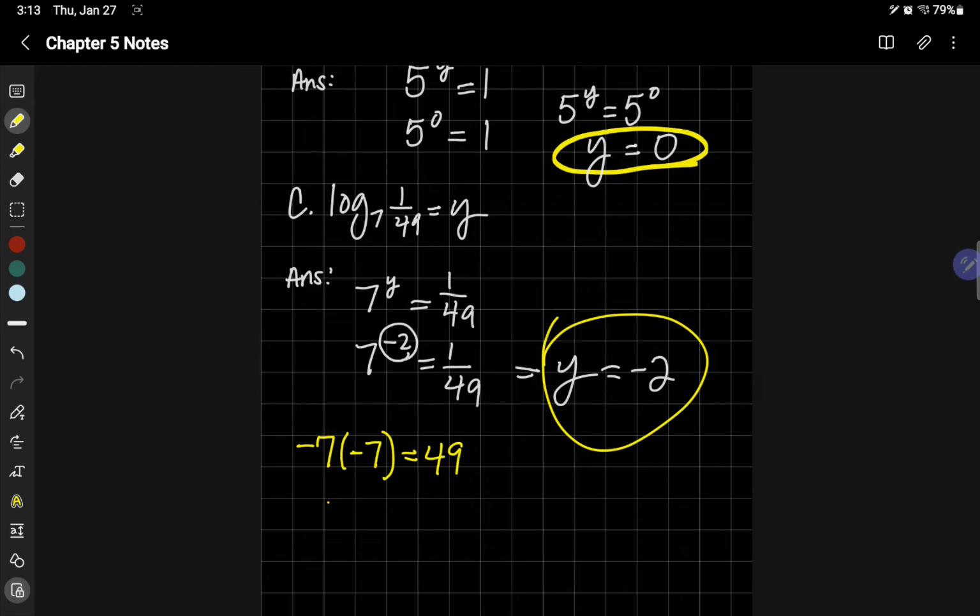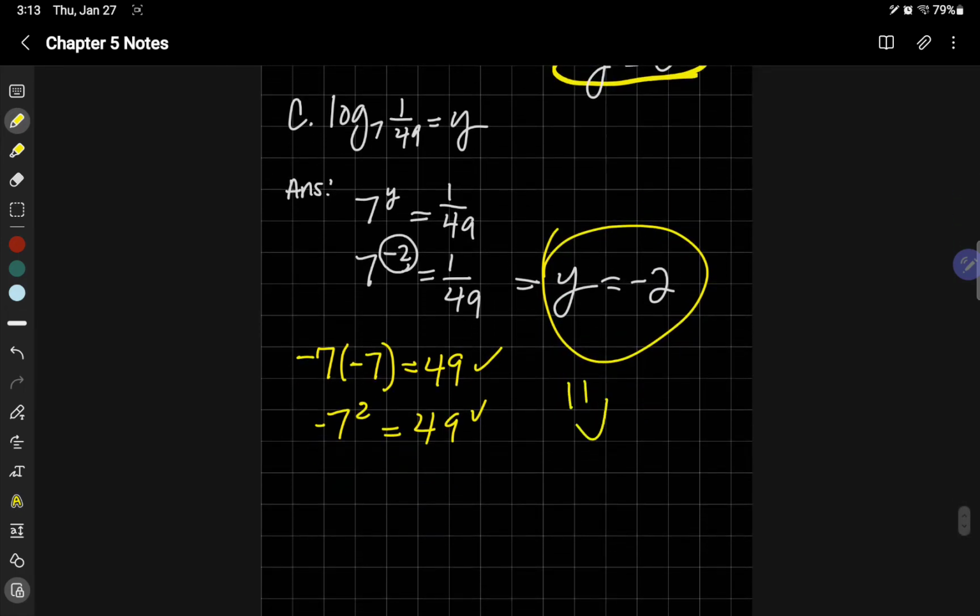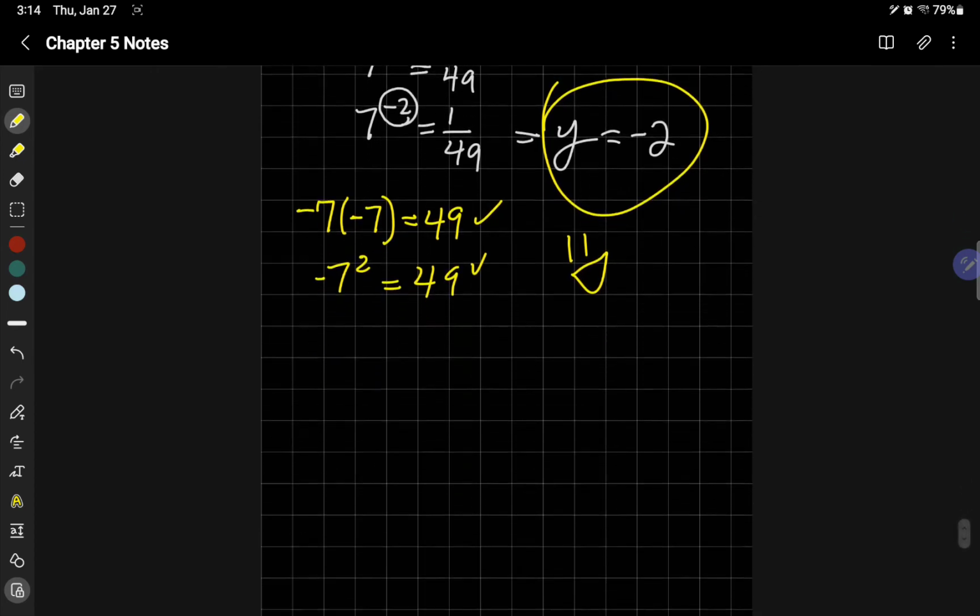So it's 7 to the power of 2, 49. Wow. That's double checking. Correct. And that's why. Ooh. OMG. Alright, I got that one.